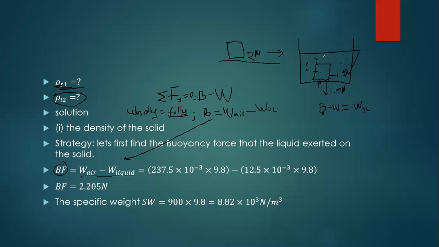an object will sink if its density is bigger than the density of the liquid. So this solid is sinking because its density is bigger than the density of the liquid. Meaning the buoyancy force will be less than the weight. So when we do buoyancy force minus the weight, we'll get a negative of the weight that we'll find of the solid when we submerge it in the liquid.